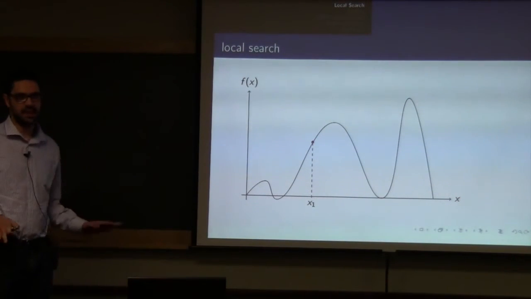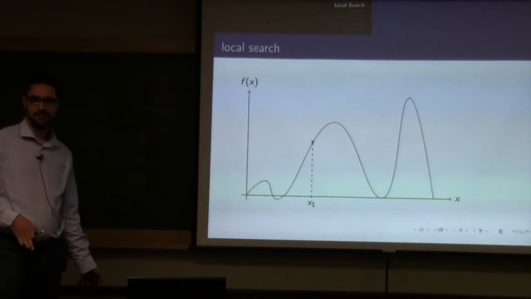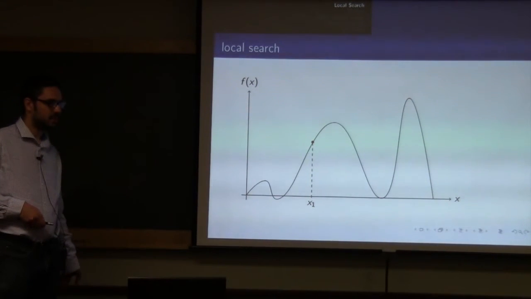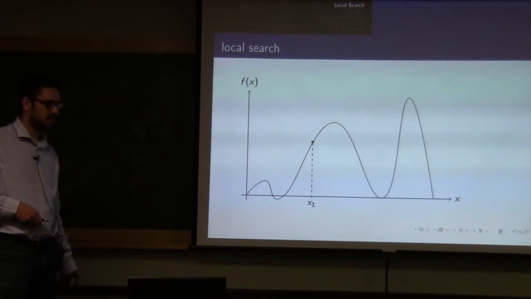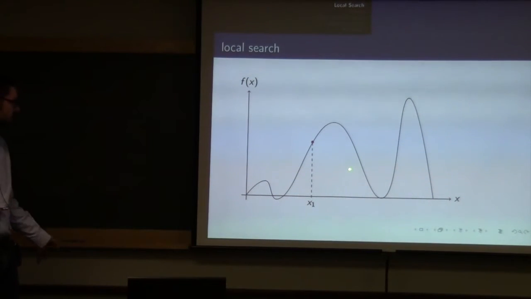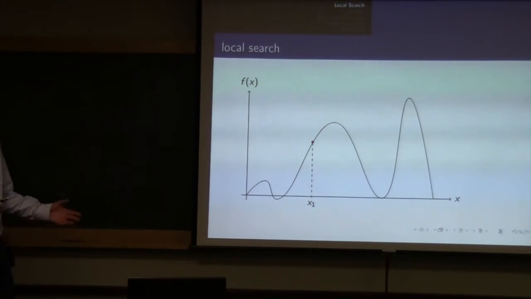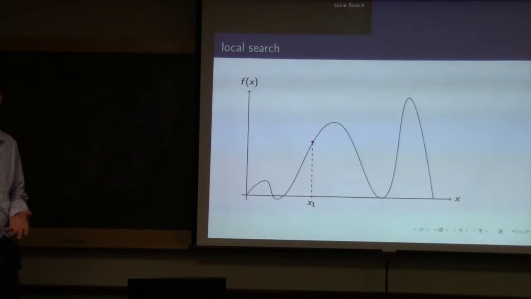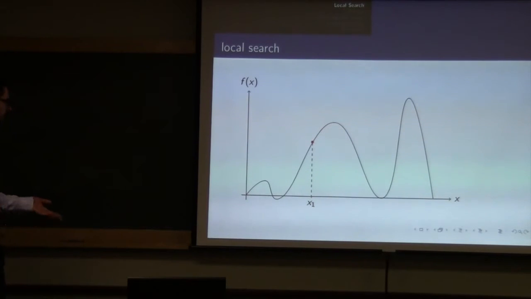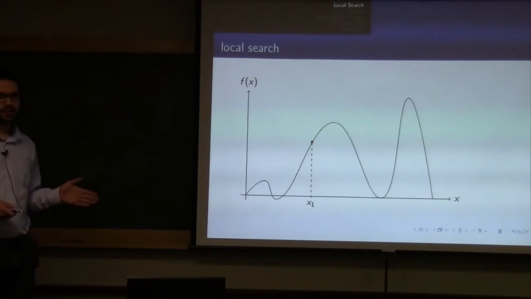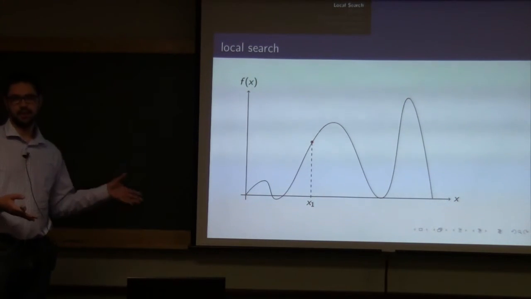The simplest idea: we just move our point a little bit to the left or a little bit to the right and check if that improves our solution. This is a very simple idea, and this is the main idea of local search.